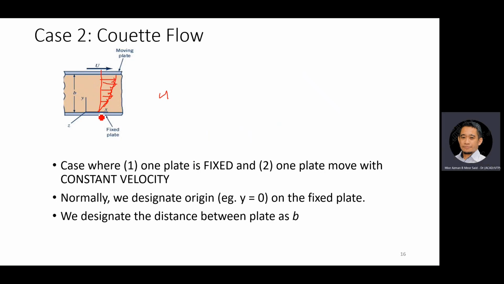So imagine the velocity will increase from 0 until in the end it becomes the same as the velocity of the moving plate. So we're going to find the formula for u as some function of y. Again, it's still steady state, and it's laminar.